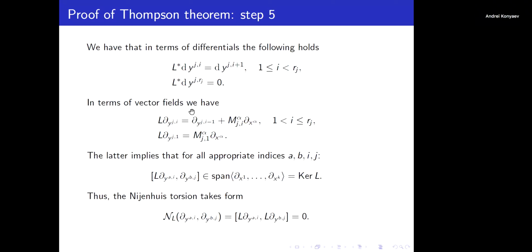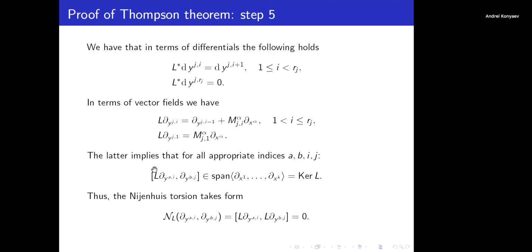Now, if we look at this and apply the coordinates again, we see that the following formula holds, right? This L applied to the Y, because you have some constant here. After you commute it with a coordinate vector field, you get something like this, and you have a derivative of this in Y. So it lies in the kernel, because it's expressed in the span of this coordinate vector field, and lies in the kernel.